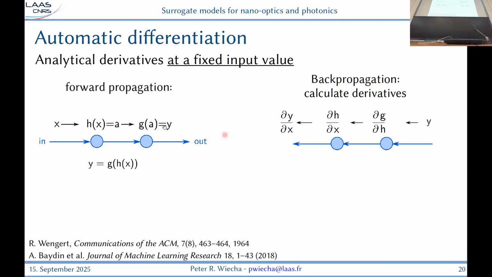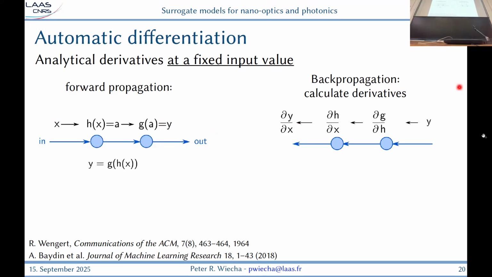The idea is that while we evaluate our nested input function, our nested forward model, for every single mathematical operation, we don't only perform the operation like the summation, multiplication or division, we also calculate the derivative. But we don't calculate the value of the derivative, we really store the mathematical operation of the derivative in some kind of computational graph.